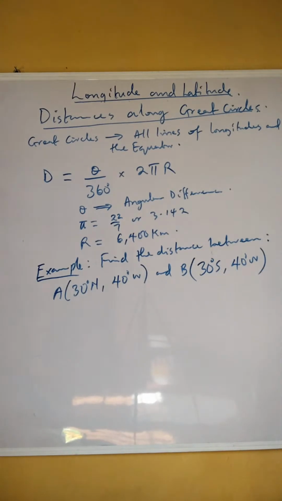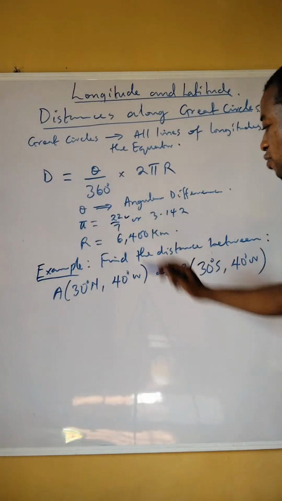We have to take the radius of the Earth R as 6,400 and pi as 22/7.